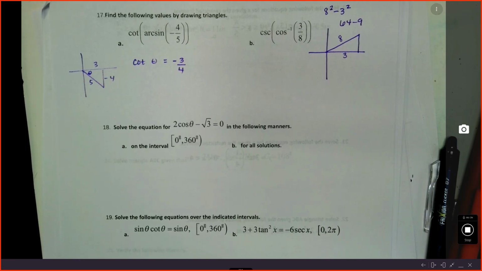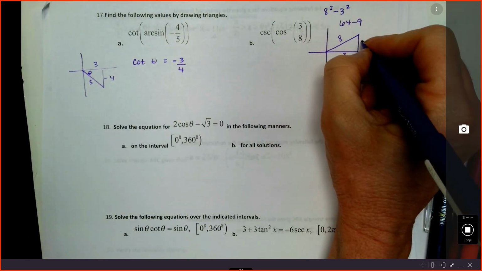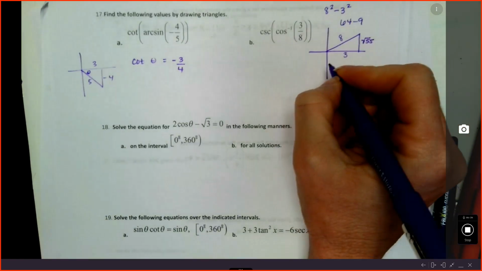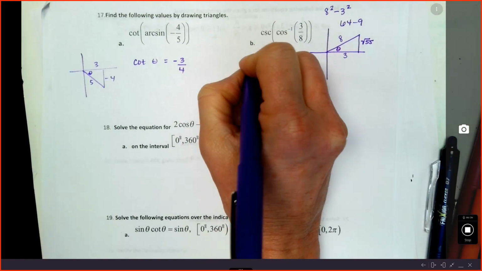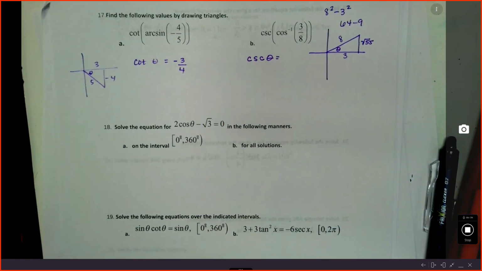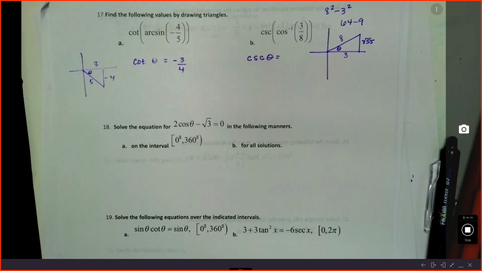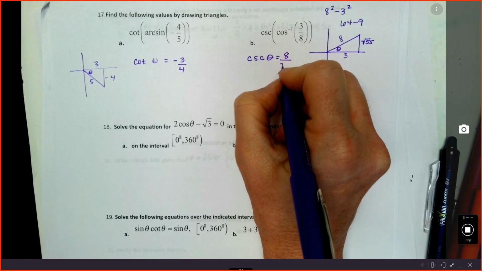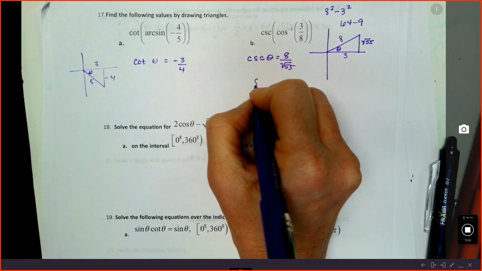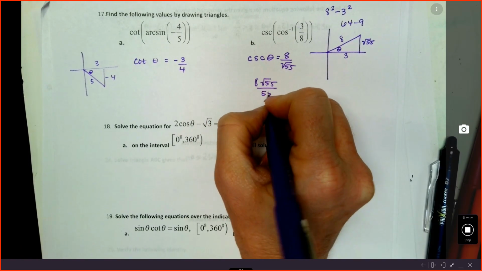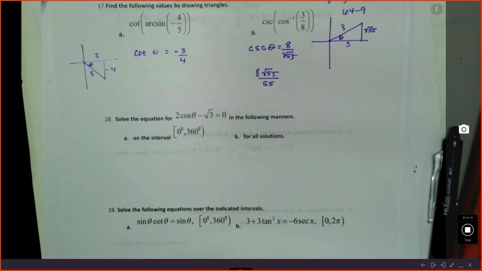Square root of 55. Cosecant goes with sine, so it's hypotenuse over opposite. So 8 over 50, 8 square root 55 over 55.